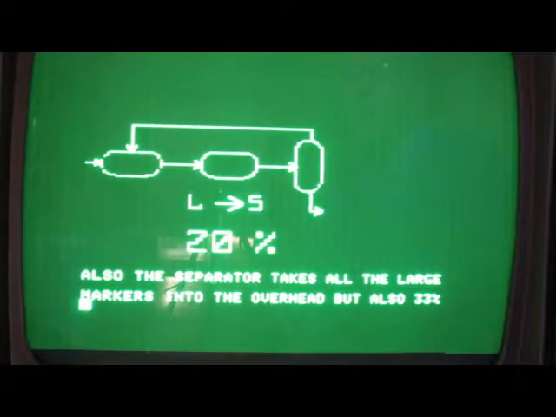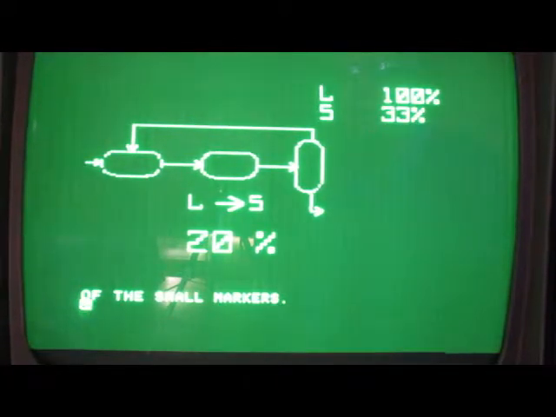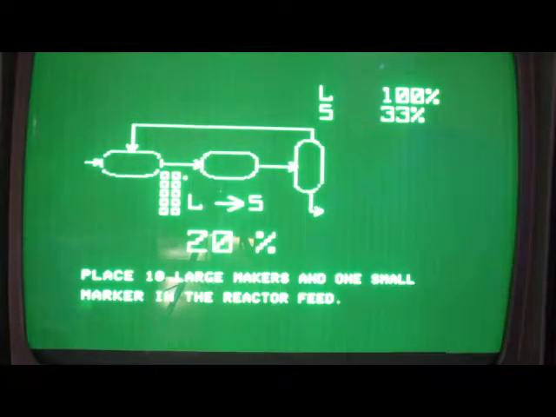And the separator takes all the large markers into the overhead, but also 33% of the small markers. Place 10 large markers and 1 small marker in the reactor feed.